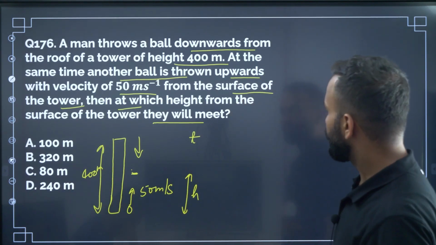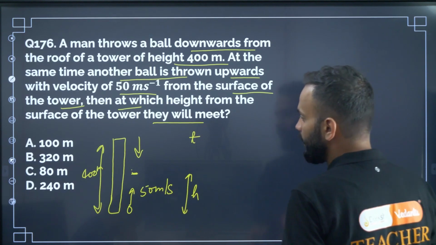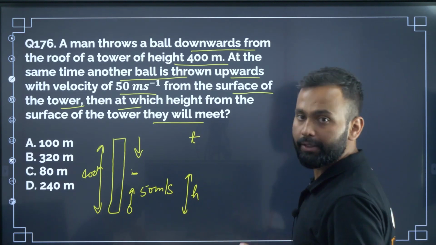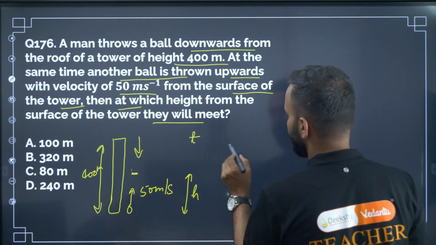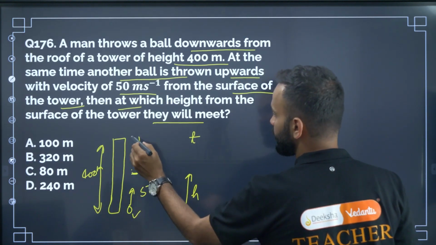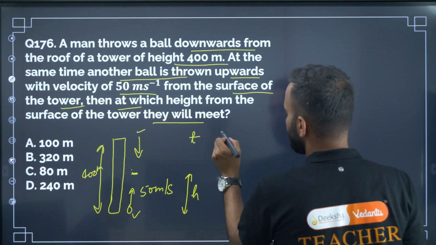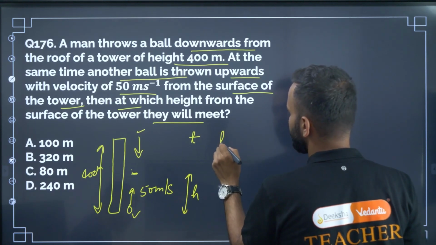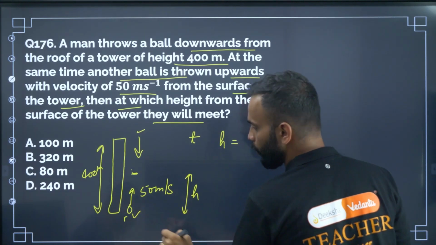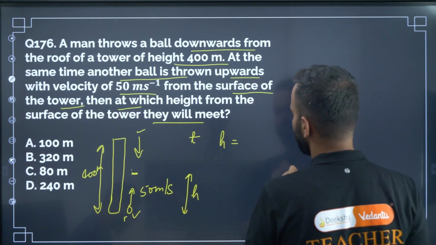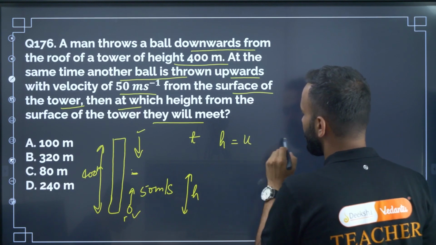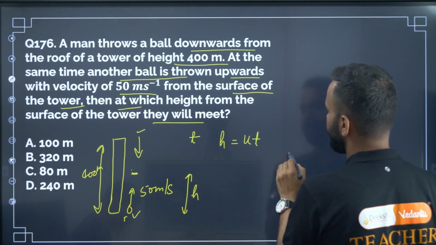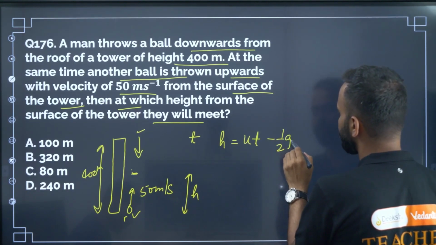Understood? So now let's apply the second equation of motion for these two situations. For this ball, h is equal to u into t minus half gt².